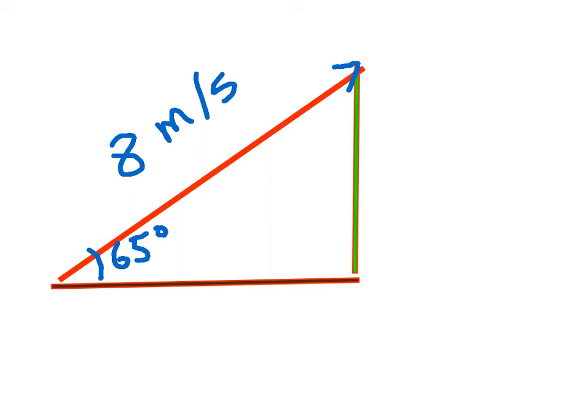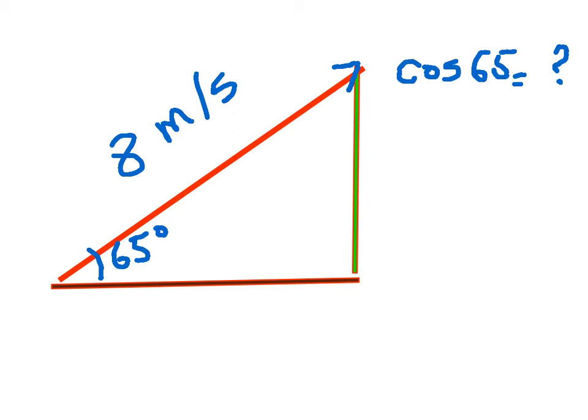In this case, we are looking for a function that relates the adjacent side of this triangle to the hypotenuse. So adjacent, hypotenuse. The function that will help us with that is cosine. So cosine of 65 degrees is going to be equal to our unknown divided by 8. I don't have enough room to write down horizontal in here.